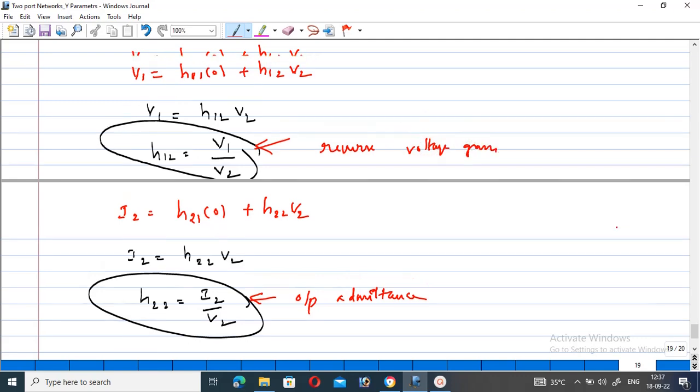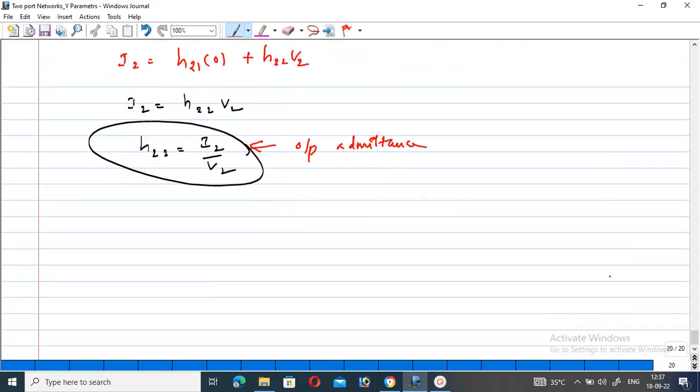Okay, these are very important, guys. The H parameters or equations are H11, H12, H21, H22. So how are we going to represent them? H11 is equal to V1 by I1, calculated when V2 is equal to 0.